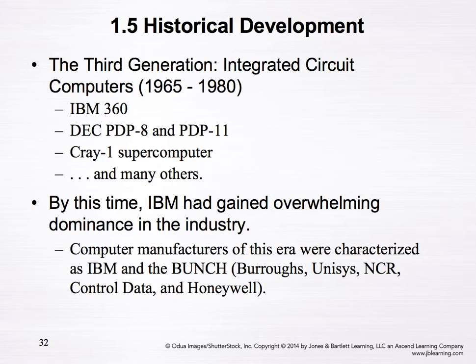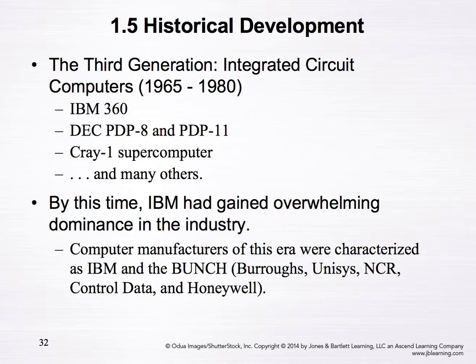The third generation is when the integrated circuit was developed, between 1965 and 1980. Several computer models were developed, such as the IBM 360, DEC PDP-8 and PDP-11, Cray 1, a supercomputer, and many others.